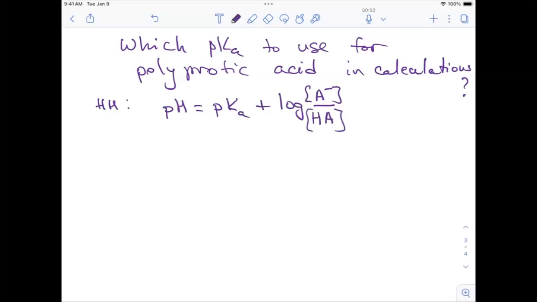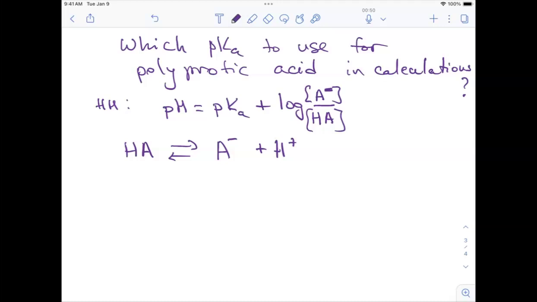the protonated form. And the A minus and HA are kind of abstract things. You can talk about a generic weak acid, which we represent as HA. When it loses a proton, it has the conjugate base A minus and the proton, right?